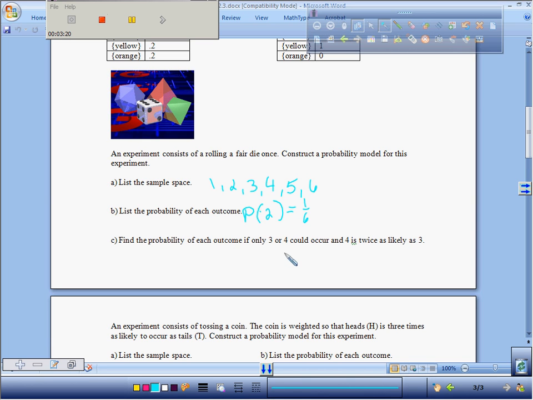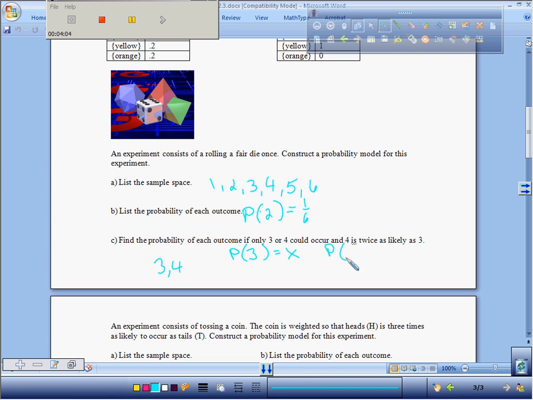So this could be a little bit tricky, because what's the sample space? You can only get a 3 or a 4. That's the sample space. So the probability of getting a 3 we'll call x.